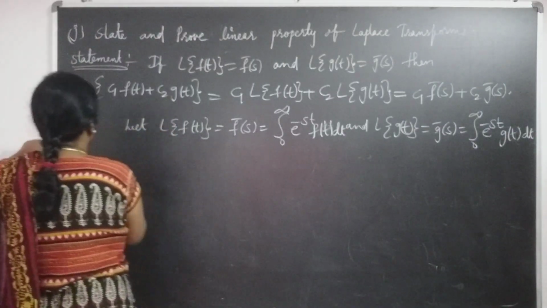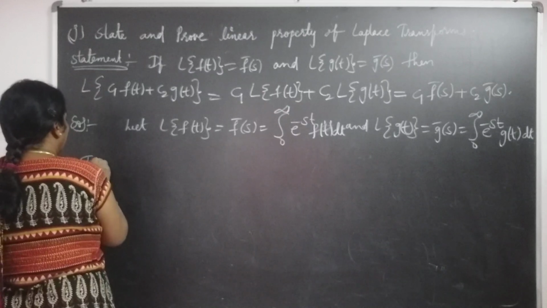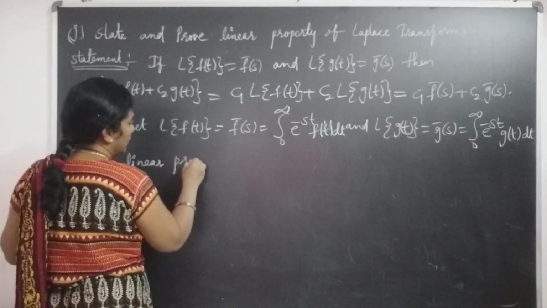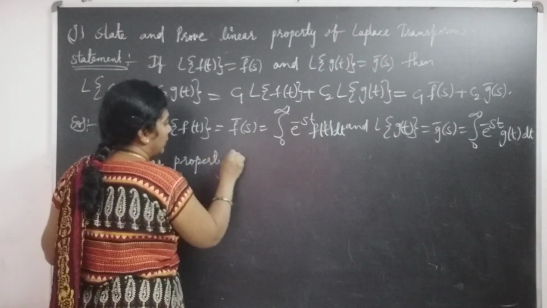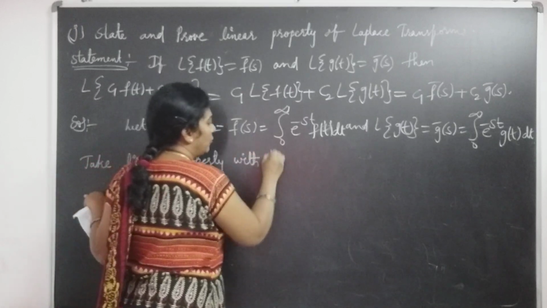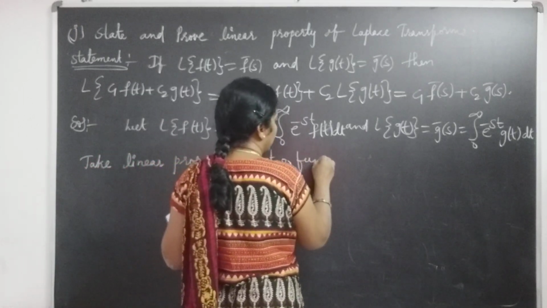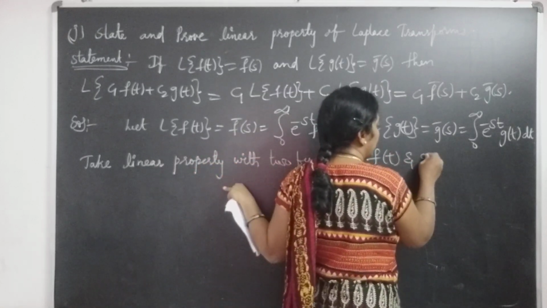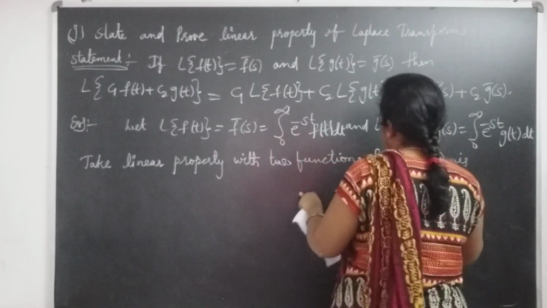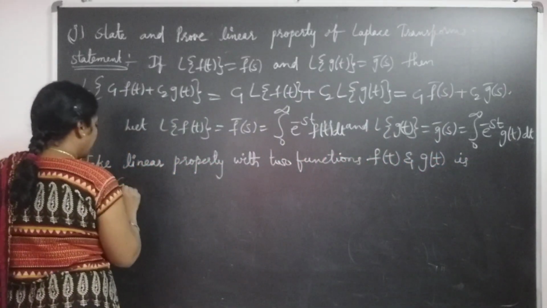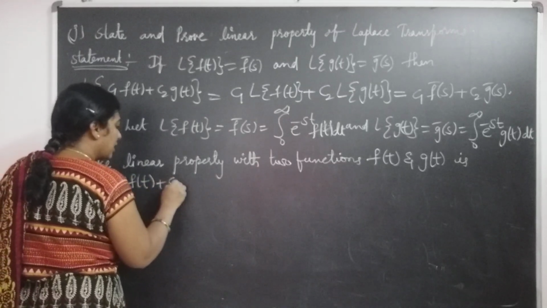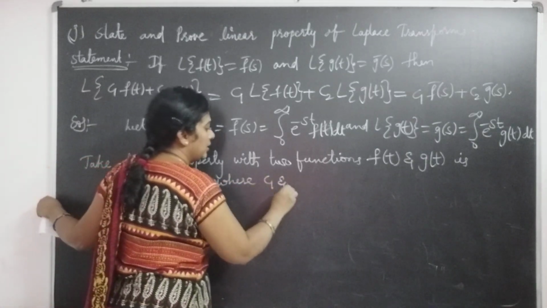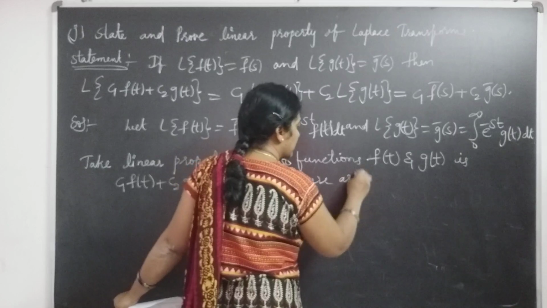Now take the linear property with two functions f of t and g of t: c1 f of t plus c2 g of t, where c1 and c2 are arbitrary constants.